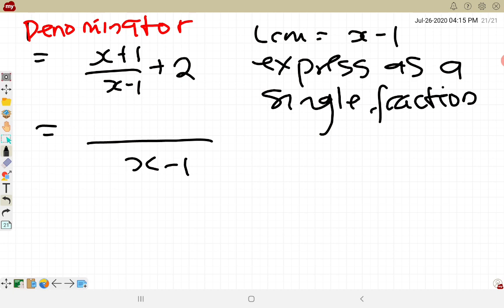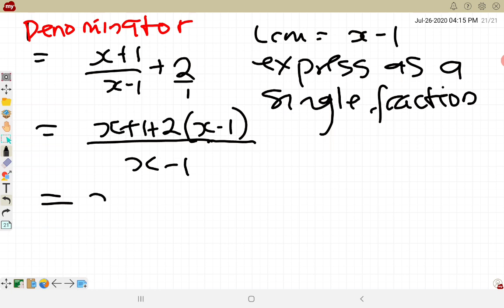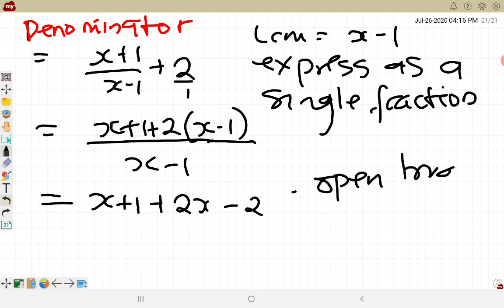This is x plus 1 over 1, plus 2 into x minus 1. If you open the bracket, we have x plus 1 plus 2x minus 2, all over x minus 1.